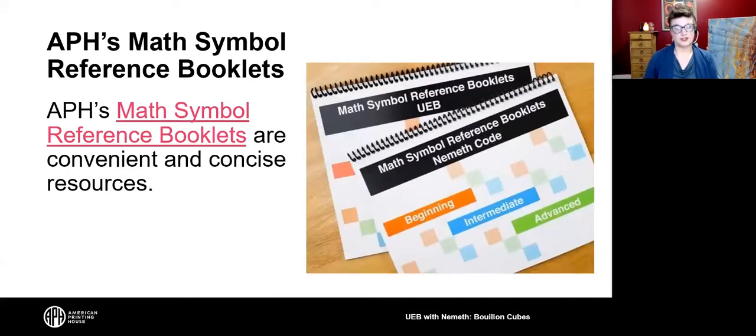One helpful resource for looking up symbols and even seeing examples of those symbols in use is the math symbol reference booklets from APH. There's a little picture of them on the screen here. The math symbol reference booklets are a pair of skinny booklets that are spiral bound.